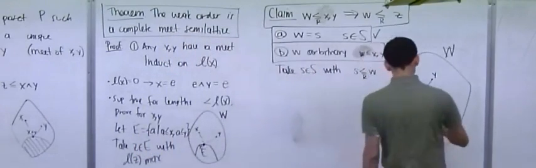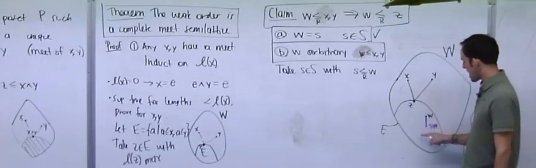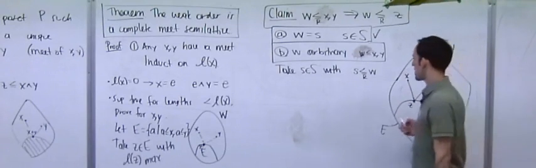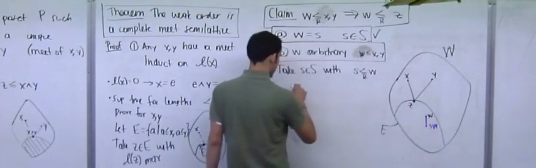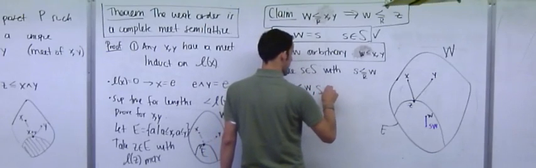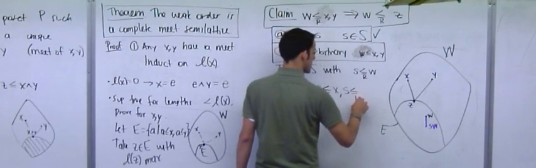But notice that W is a lower bound for x and y. So if S is less than W, then S is also less than x, less than y, and I can extend this. So, because S is less than W, S is less than x, and S is less than y.